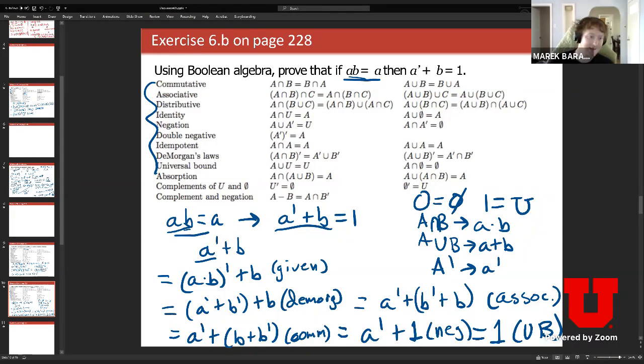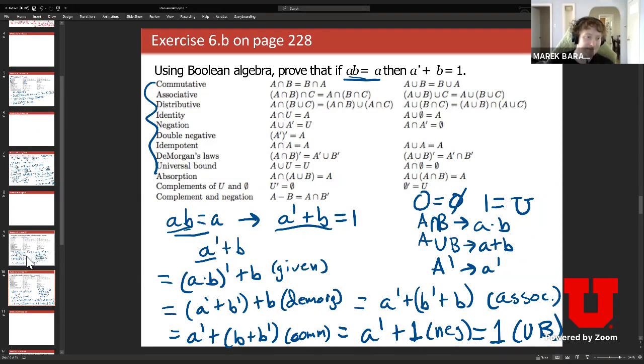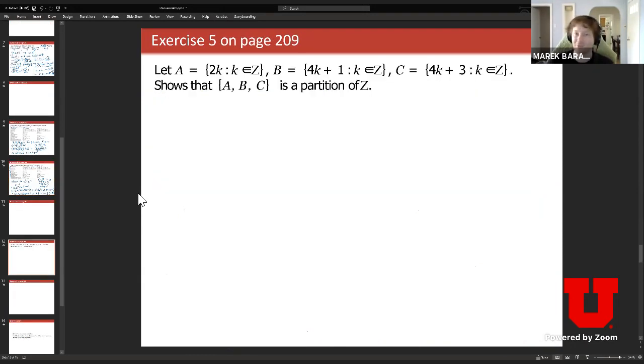Yeah, I guess that takes us to time. So I guess you're going to have to work on this on your own. This is going to have to be element-wise, and it's going to be similar to that one we did with the n squared minus 1 and 2k thing.